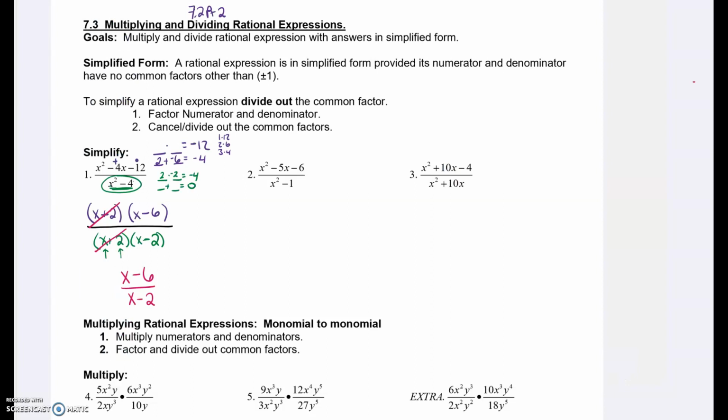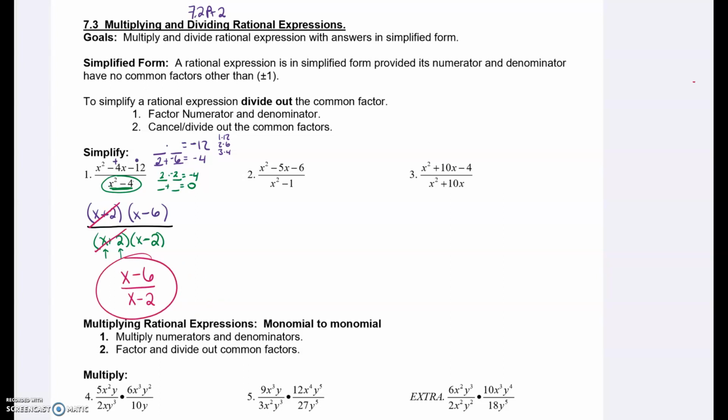You can only cancel out factors. Factors are things that are being multiplied. So if it looked like x times x minus 6 over x times x minus 2, then yes, you could cancel it. But like this, that is your final answer. There's nothing else you can do.